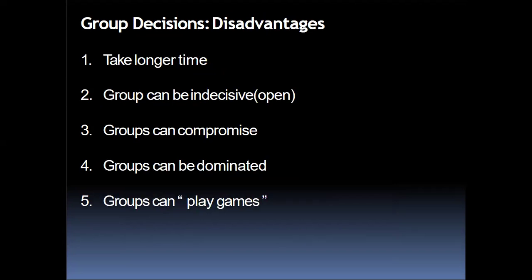So what are the disadvantages of group decision making? We can spend a lot of time, taking longer to decide a particular course of action, and we can conduct an open forum for every team member in order to share opinions.